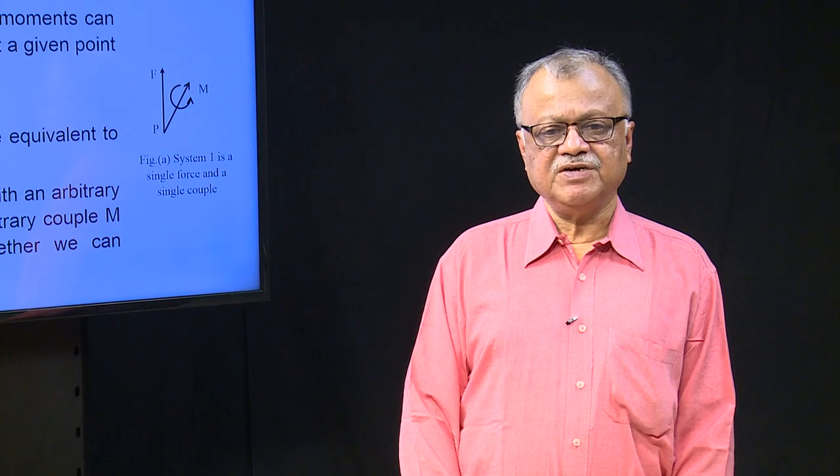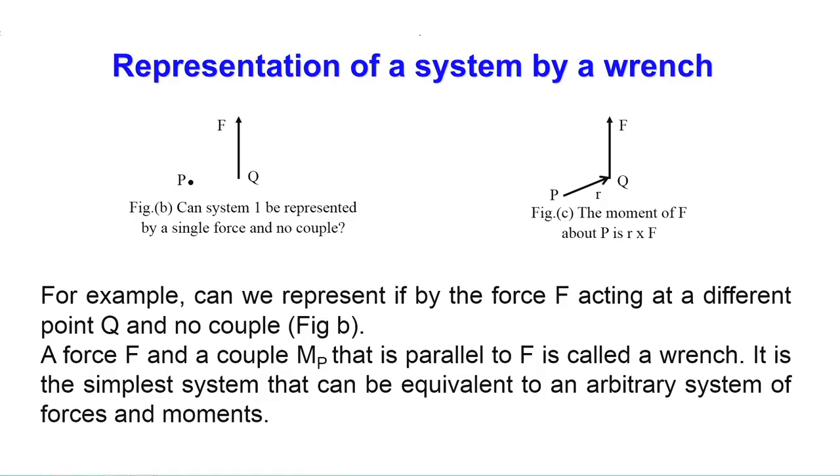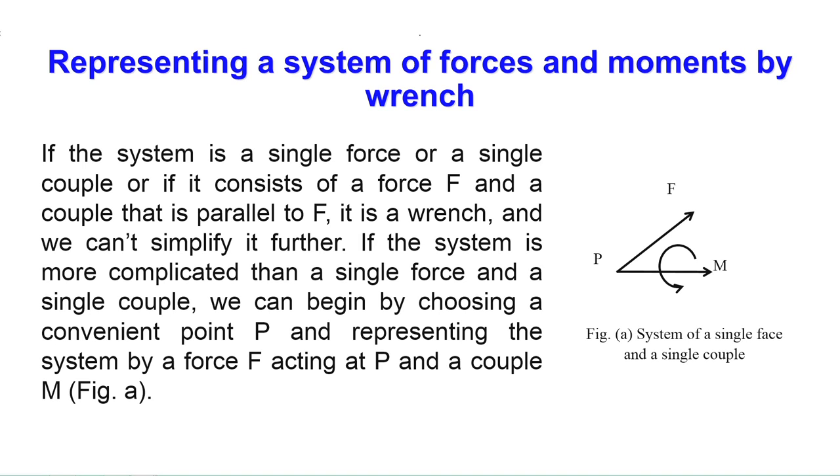So, how can it be done if any force and moment is given? Just see in this figure: if the system is a single force or a single couple, or a force F and a couple that is parallel to F, that is a wrench.